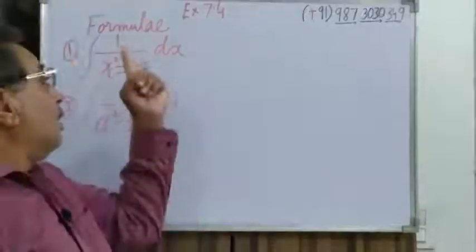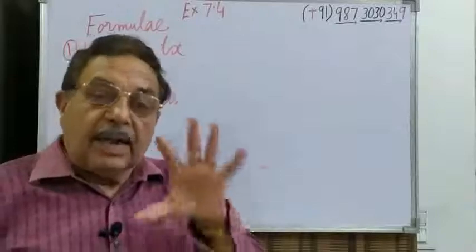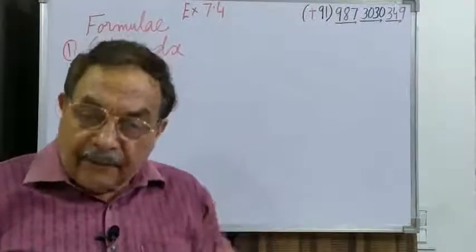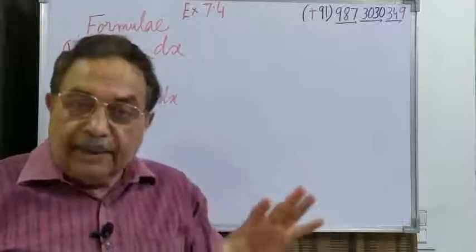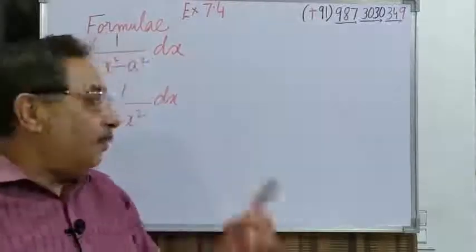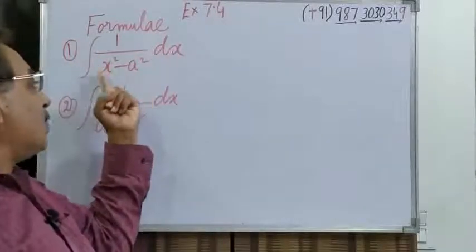What we observe is that in 1 upon x square minus a square, in the denominator there are two terms separated by the negative sign, that is, the difference of the squares of two terms. The first one is a variable and the second one is a constant, and here it is reversed: the constant is first, a square, and the variable is x square.